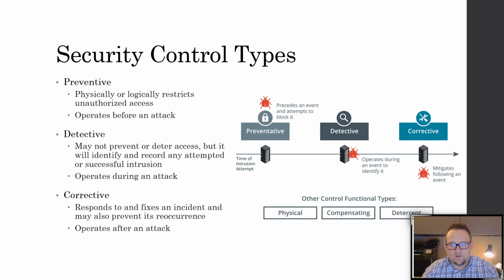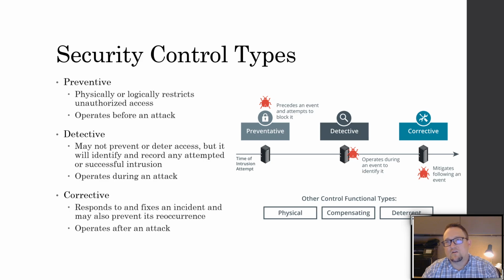Preventive measures help prevent it before the attack even happens. For instance, maybe we air gap the machine, which means the machine's not even plugged into the network. We're trying to prevent it before it even happens. Maybe we monitor access, but we don't actually prevent anything. That's detective. And then corrective fixes anything after it occurs.